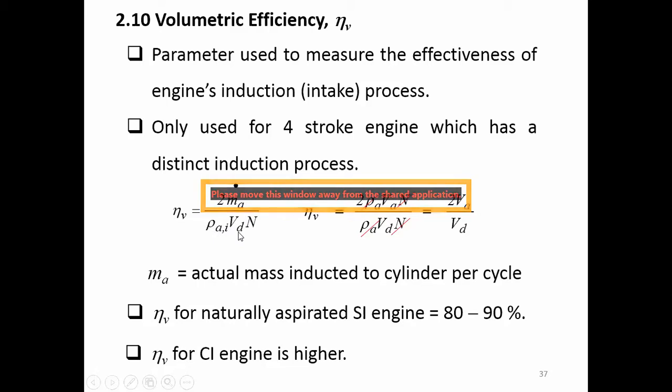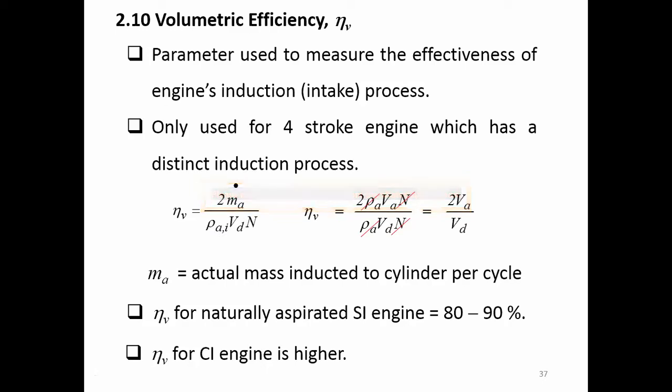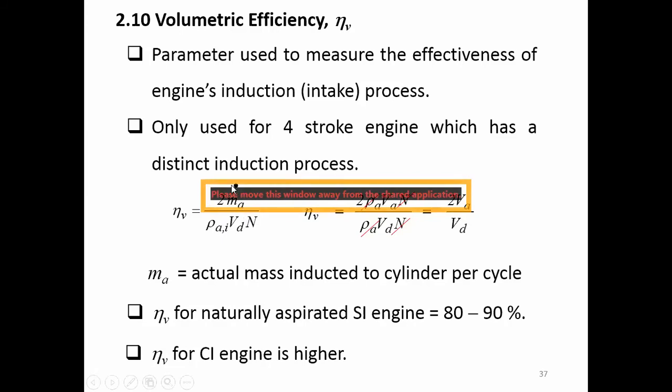So density of the air times the displacement volume becomes mass also, but this is the mass that can be occupied in the cylinders, not the actual mass that flows in. The actual mass that flows in comes right here, and this is the mass that can be occupied inside your cylinder, or the maximum one.